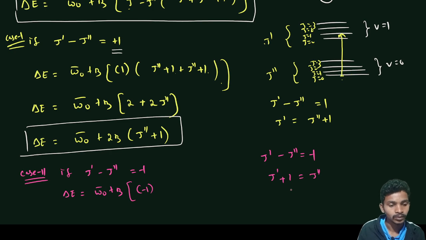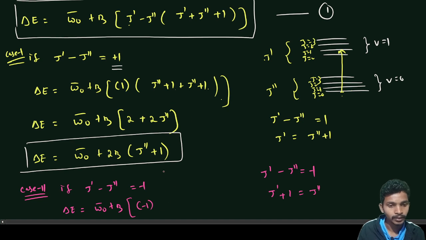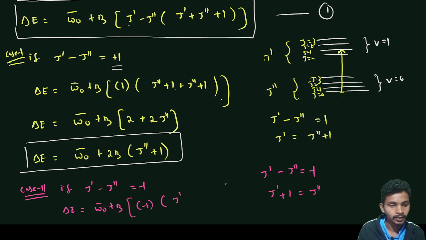So can I put these values here, the j double dash value, into these equations? Then here what is that? J dash is there, and j double dash is j dash plus 1 and plus 1.